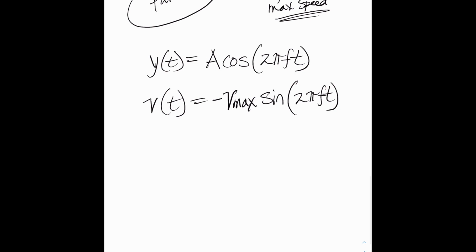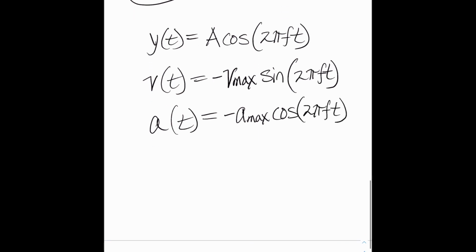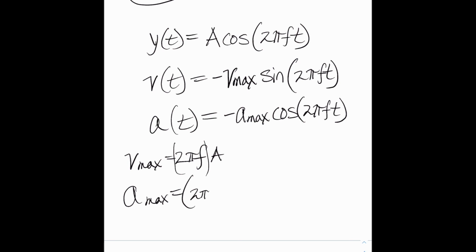Then we take the derivative one more time, and we get a negative cosine wave. So a of t is equal to negative a max times the cosine of 2 pi f times t. And these equations are true for a Vmax of 2 pi f times the amplitude, and an Amax of 2 pi f squared times the amplitude.